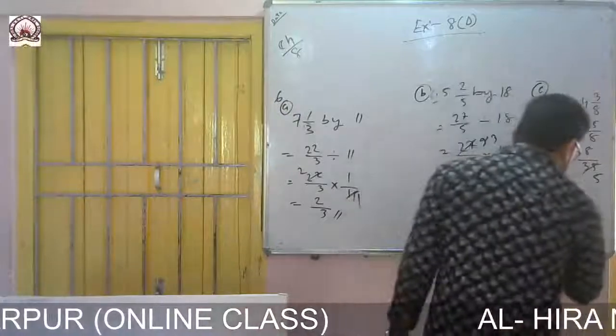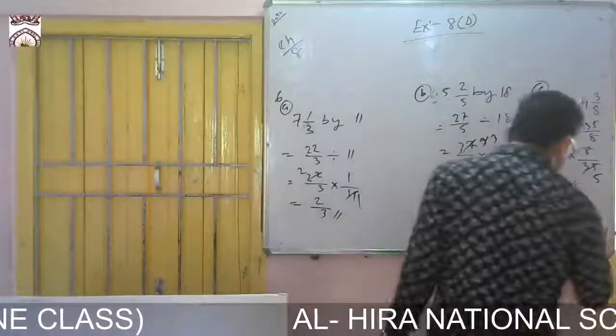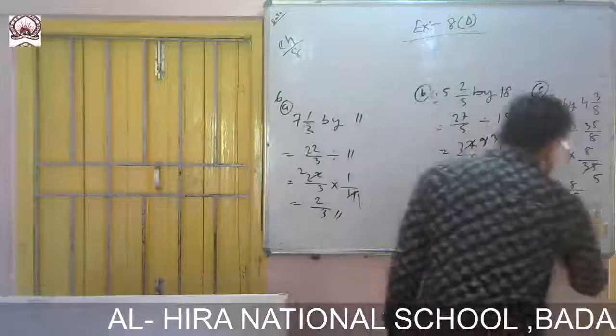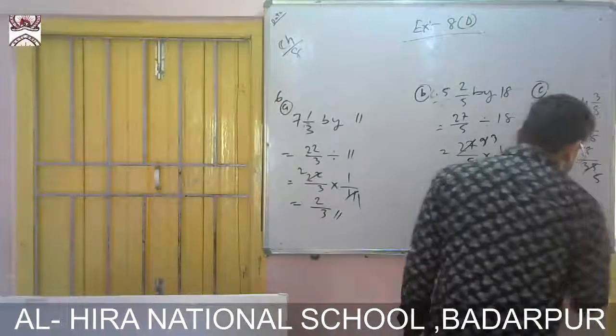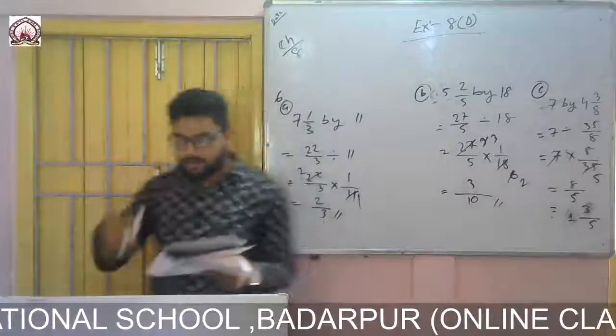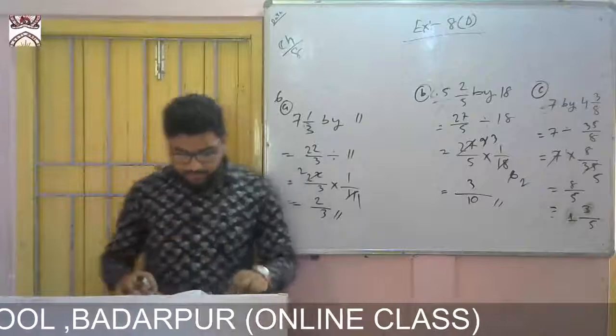So I cannot do that. So 5 1s are 5, then remain. 1 3 by 5. 1 3 by 5 is the required answer. Now come to question number 7.